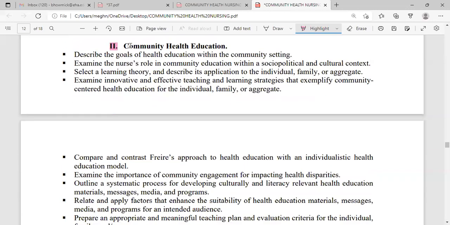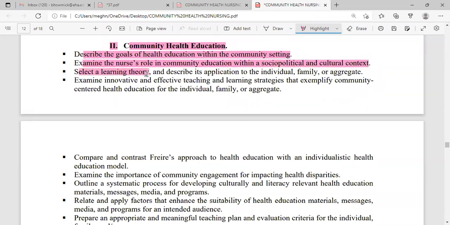Here we go, community health education. Describe the goal of health education within the community setting. Examine the nursing role in community education within a socio-political and cultural context.